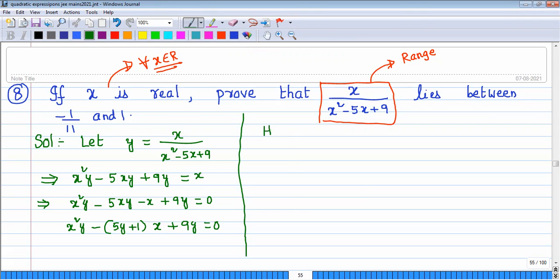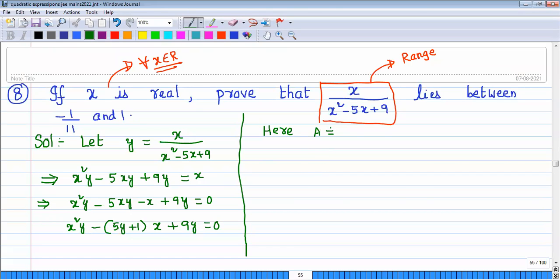Here, comparing with the general form of a quadratic equation. Sorry, it is a quadratic equation in x.